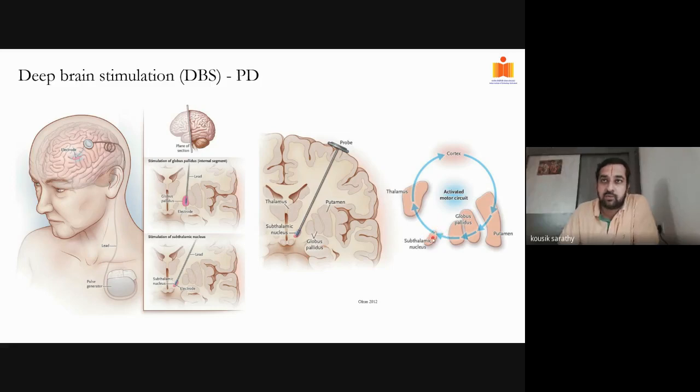Both GPI and STN are part of the basal ganglia cortical circuit, and both seem to be efficacious in controlling motor symptoms. In the center that I worked in, the implantation was typically done in STN, so most of our work was referred to DBS in STN.